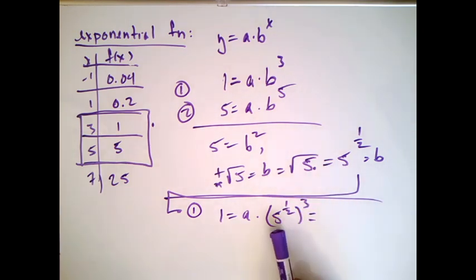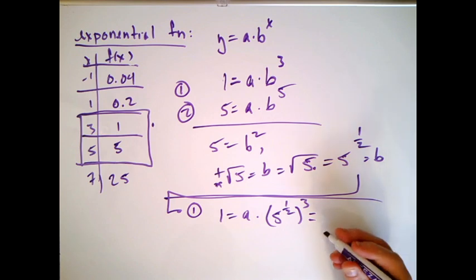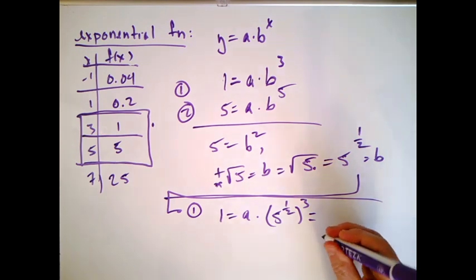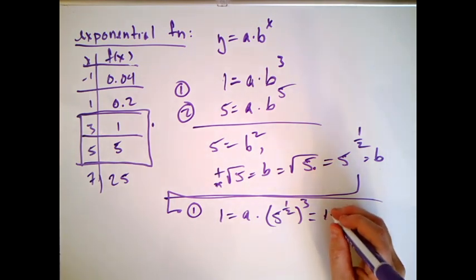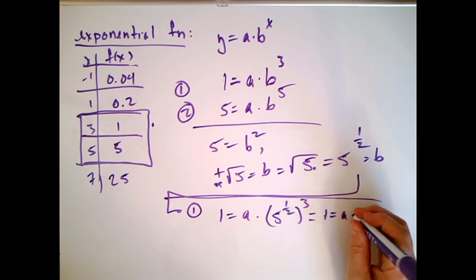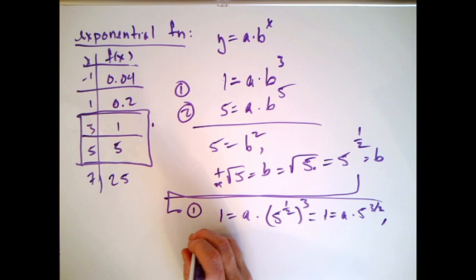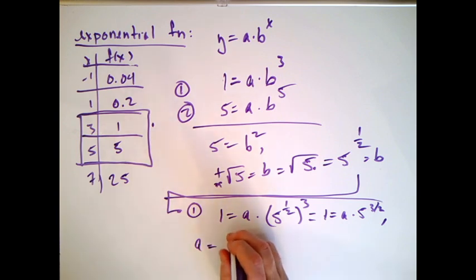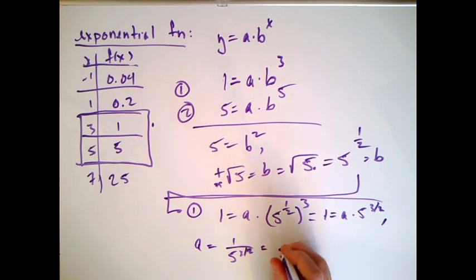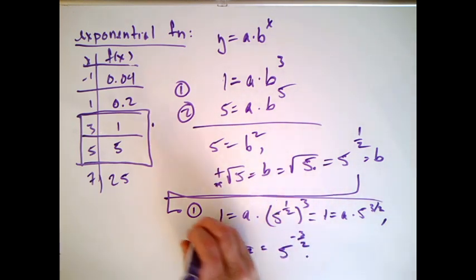Remember, when we take 5 to the 1/2 to the 3, we multiply the 1/2 and 3 to get 3 halves. So we're going to get 1 is equal to a times 5 to the 3 halves, and we solve for a. A is just going to be 1 over 5 to the 3 halves, or if you like, 5 to the minus 3 halves, like that. So there's our value of a.